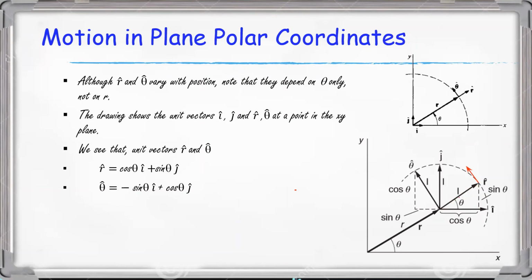Then as it is a unit one, when we draw a perpendicular to here, it will be the cos theta component, and similarly the sin theta component. Cos theta component in the direction of i and sin theta component in the direction of j. So r cap must be equal to cos theta i plus sin theta j.